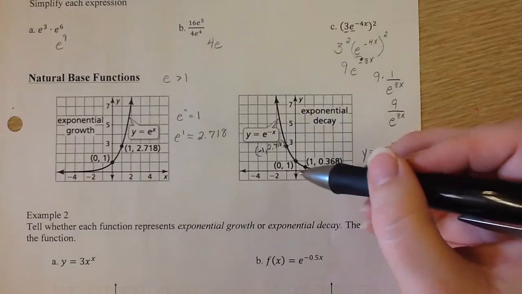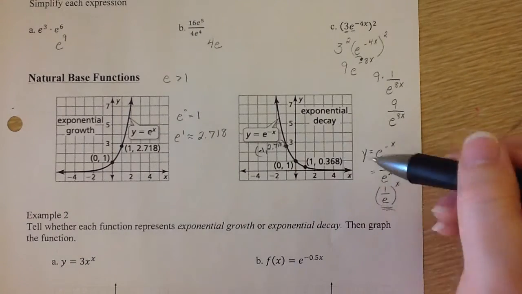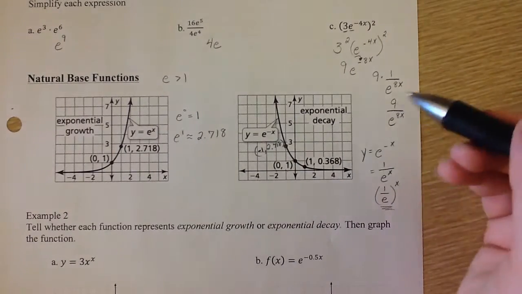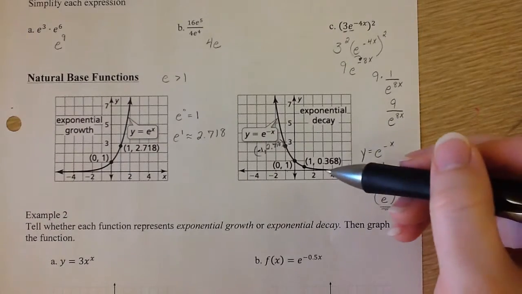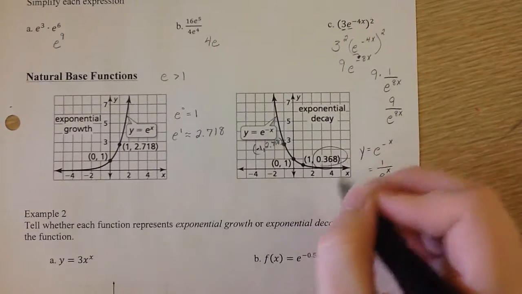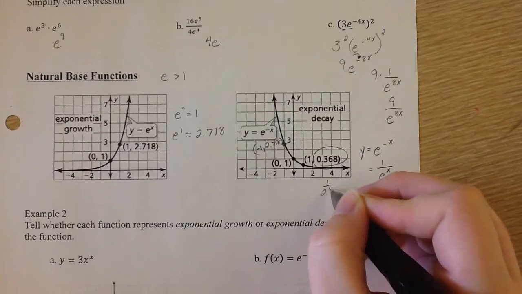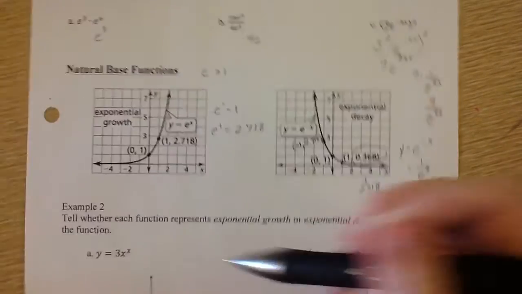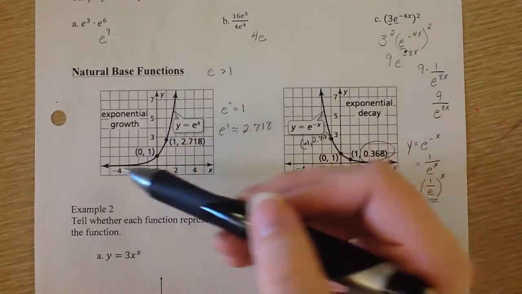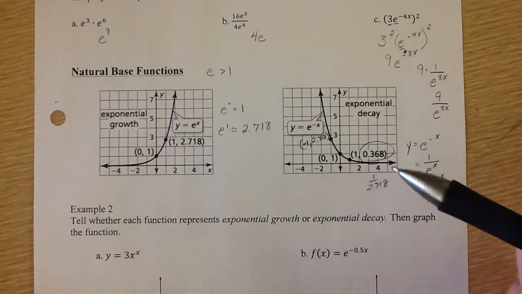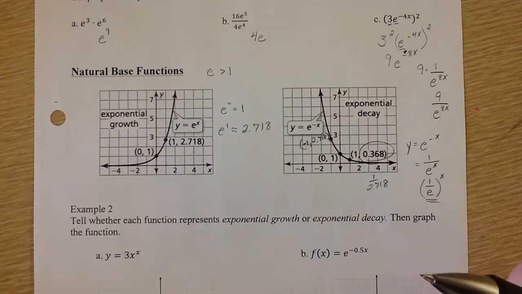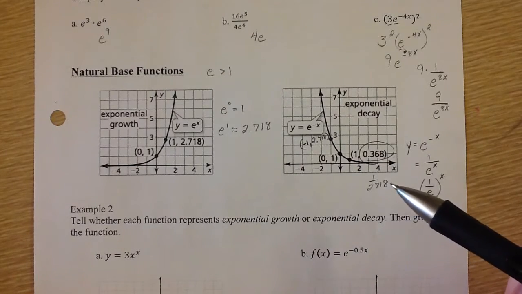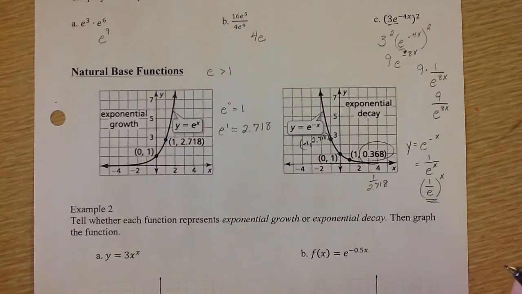And then when I put a positive 1 in, I just get the reciprocal of e, which would be 1 over 2.718, the same as 0.368. But there's nothing new here. The only thing that changes is our base isn't just any random base. Our base is e, this number e, 2.718.